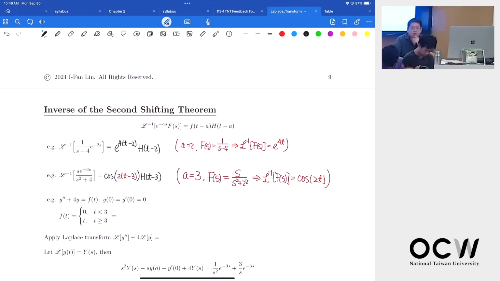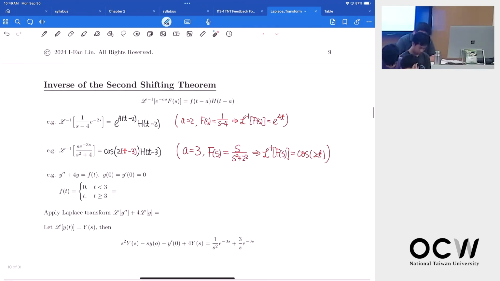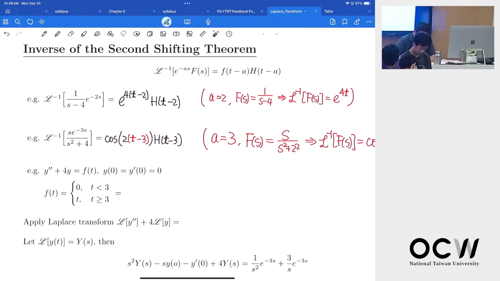Any questions for this example? No. Then next one. First, I have a function, the forcing function f of t, and I express f of t in this expression. Again, anyone can tell me, if I want to use the Heaviside function, how do I re-express this function?